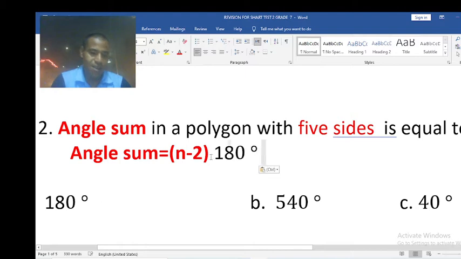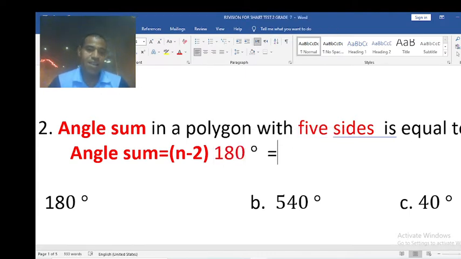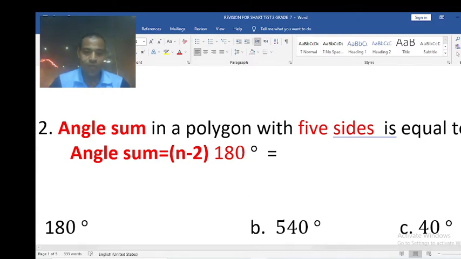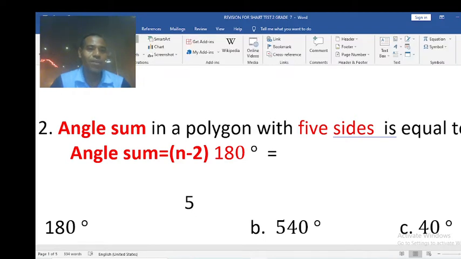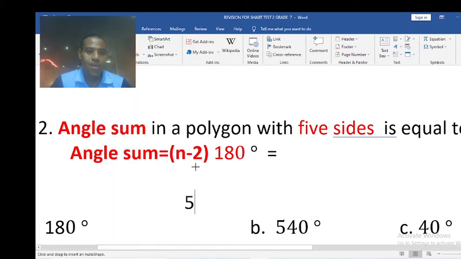Then just calculation. As n is 5, n here is 5. We told that the number of sides of this polygon is 5. So I just substitute n by 5.